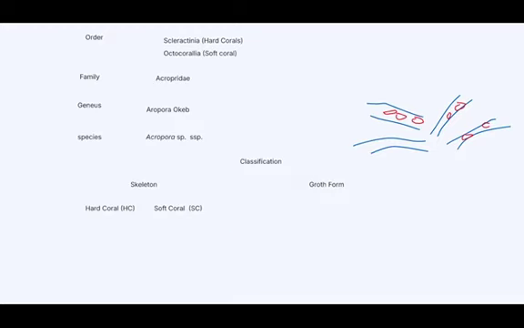So we have several growth forms, and in the presentation I included all of them, so you can have a reference for all of them. But I'm just giving you an example here for this growth form.